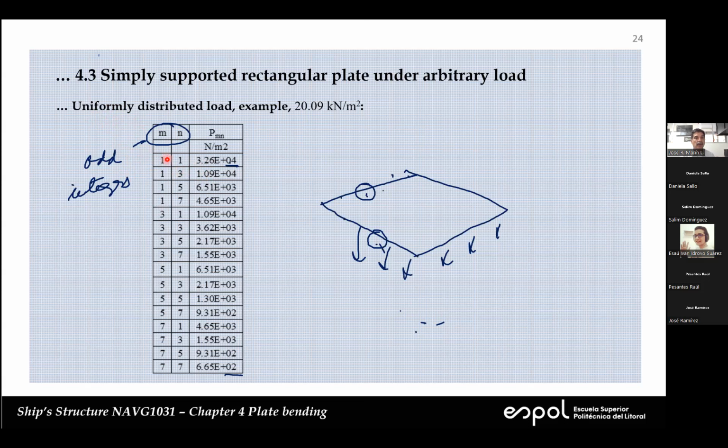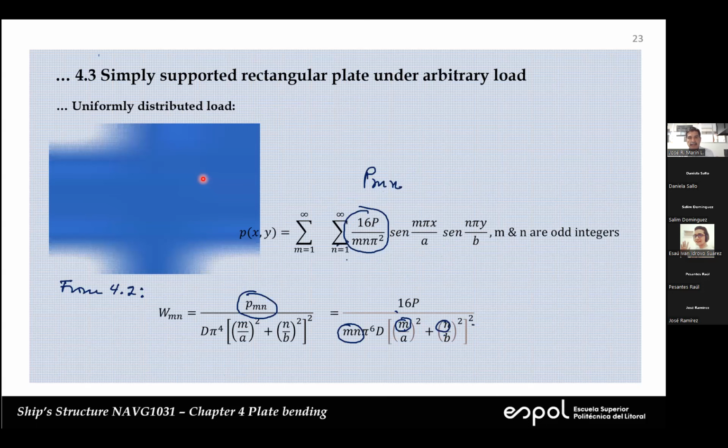So I keep m with the value of 1 and change the value of n. Then I change m, and I change the value of n, etc. So I go from 1 through 7, and we can apply the formula that we obtained for PMN. Let me remind you of it.